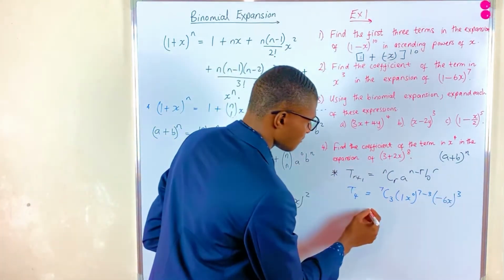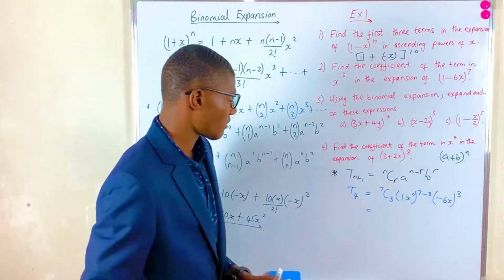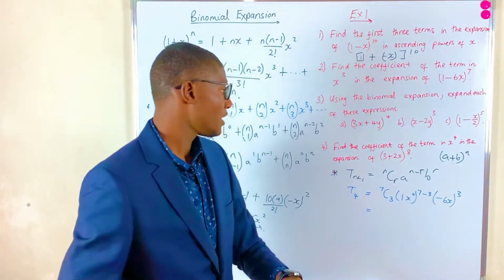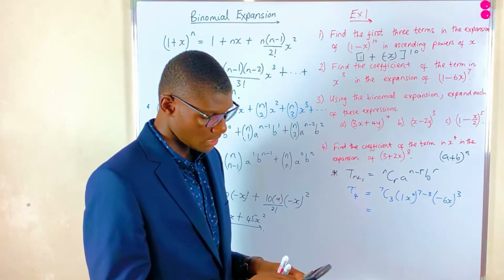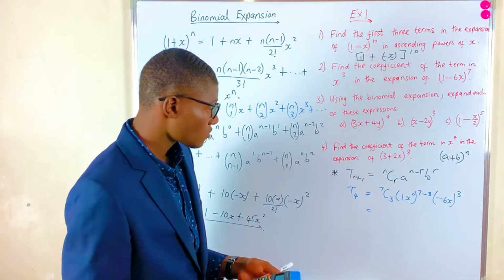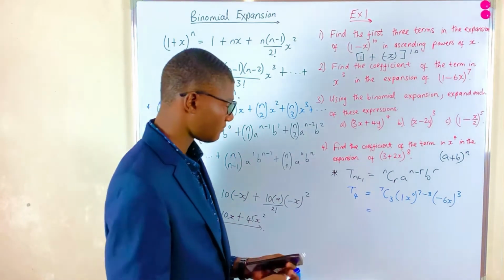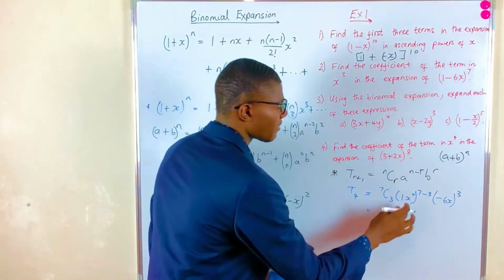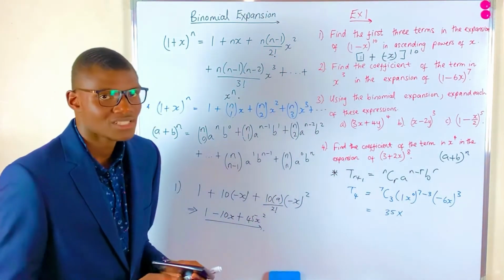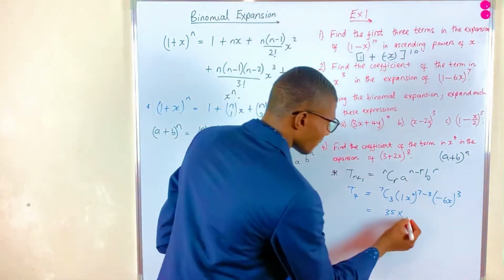If we simplify this, 7 choose 3 gives us 35. Multiplied by 1 to the power of 4, which is just 1.